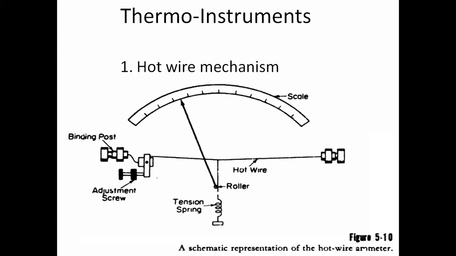The variation of the temperature regarding the variation of the current will be identified by using some pointer mechanism. This mechanism has some disadvantages, like lagging and some instrumental errors. That's why this mechanism is not used nowadays.